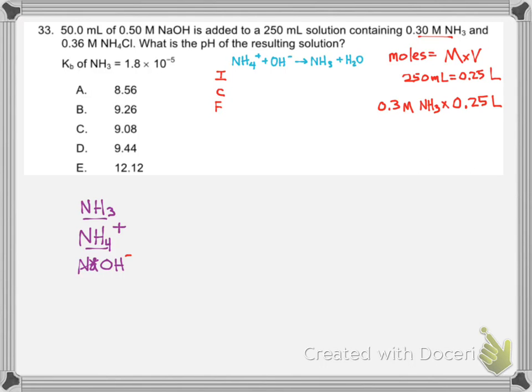For the ammonia, it's 0.3 times 0.25, so we're going to end up getting 0.075 mole of ammonia. Now we need to do the same thing for the ammonium. When we multiply the molarity of the ammonium by the 0.25 liters of the solution, we will get that there are 0.09 mole of ammonium.